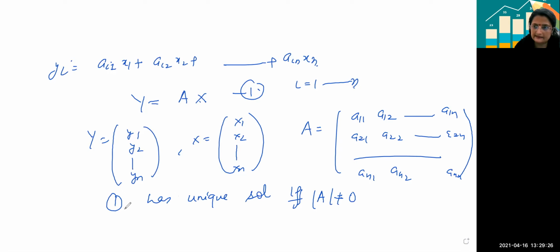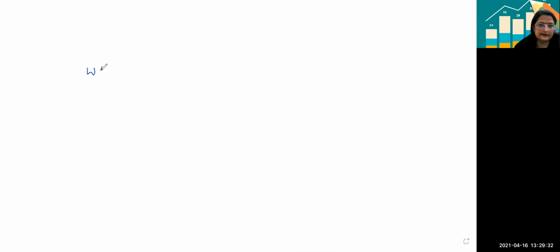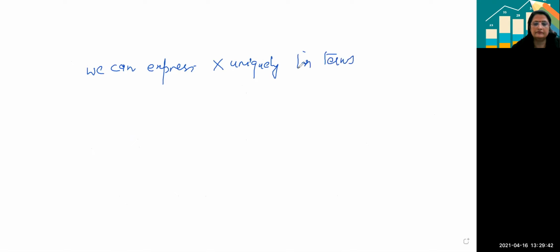That is, we can express x uniquely in terms of y if the coefficient matrix is non-singular.